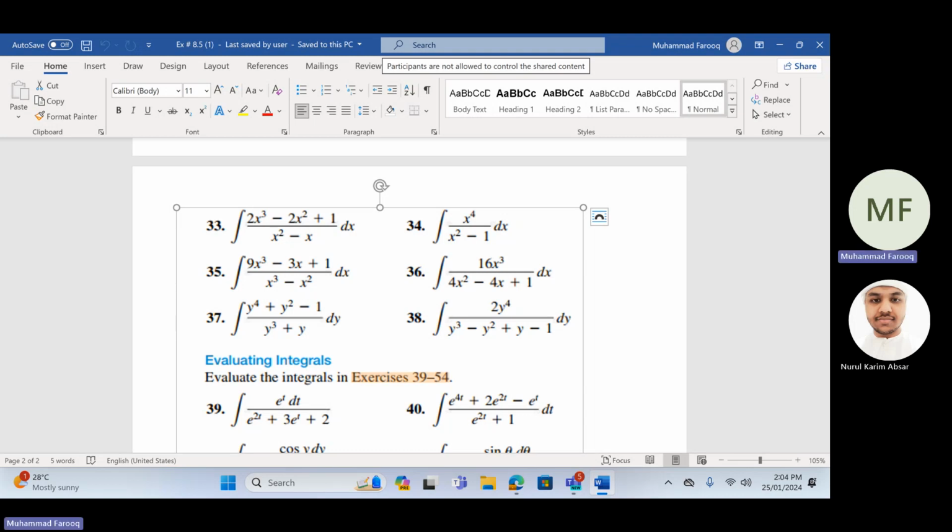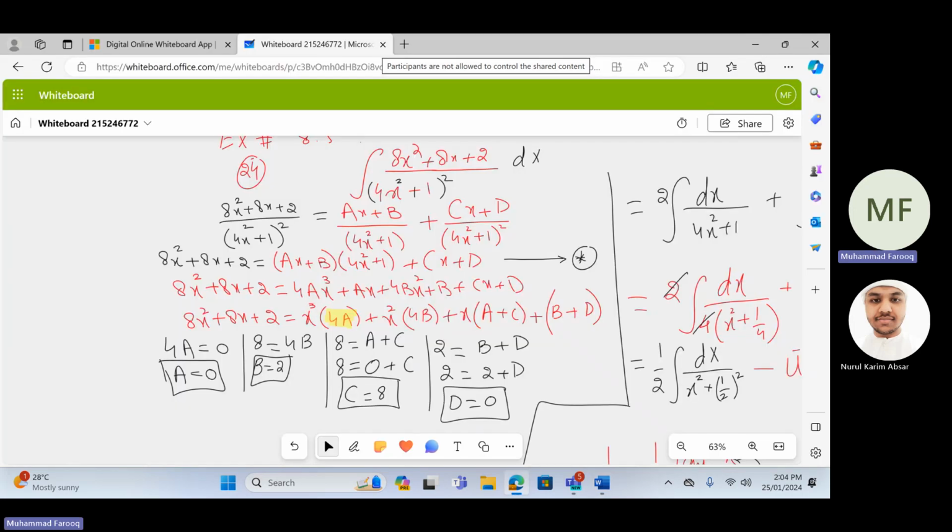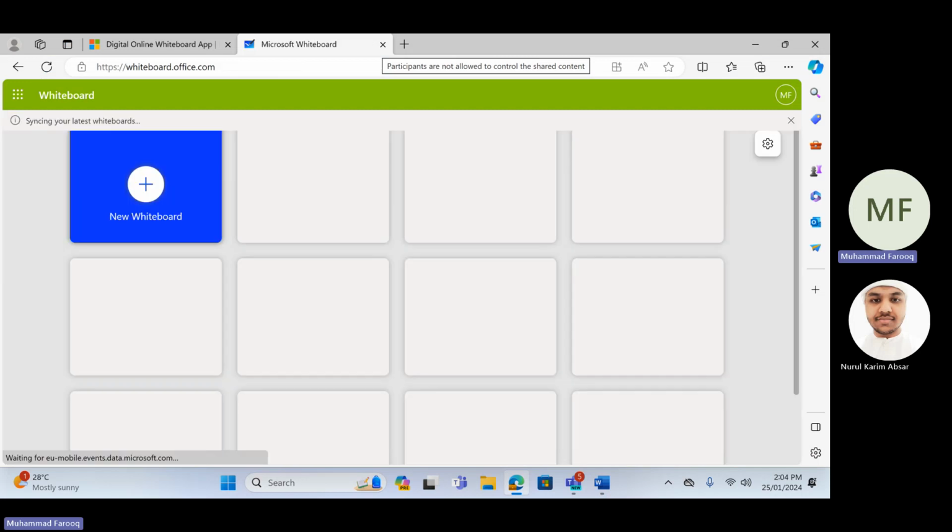Are they proper or improper? All are improper. 33, 34 improper. I think 35 is okay. 36 takes time, becomes long. 37 you can take, please.